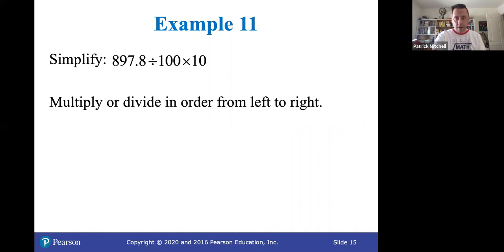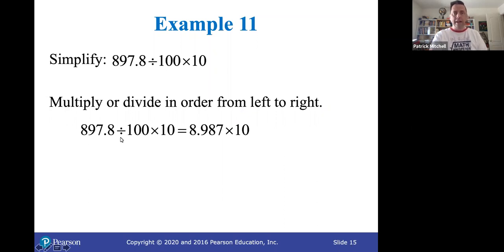And I believe it was in the last section, dividing decimals, where we talked about dividing by a power of 10. You just move the decimal point the same number of places to the left as there are zeros. Okay. Since there are 2 zeros in 100, this decimal point is going to go 2 places to the left.